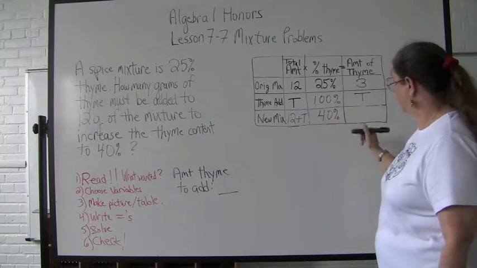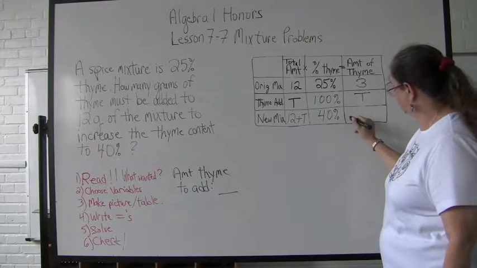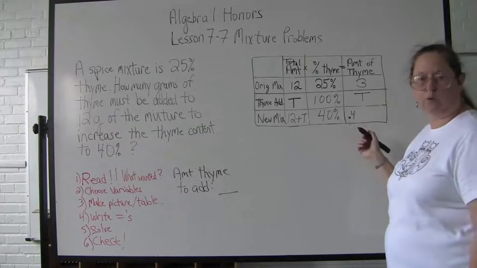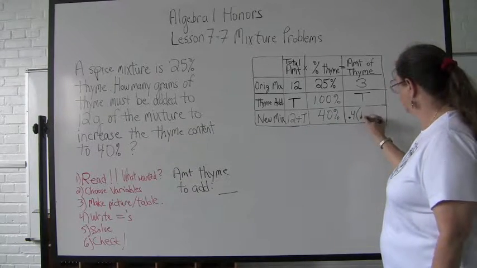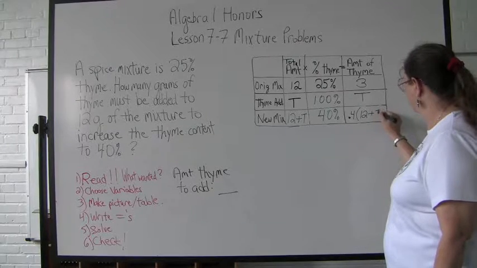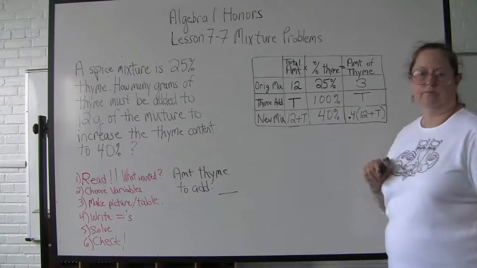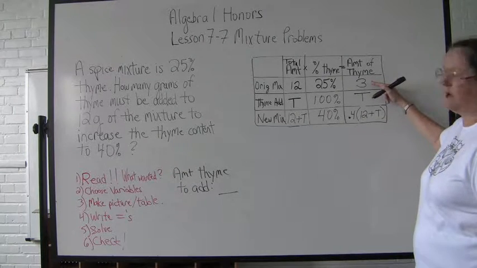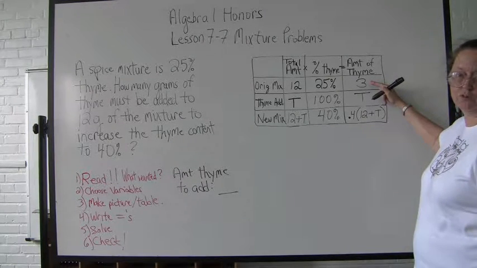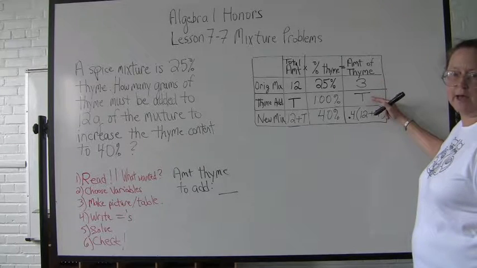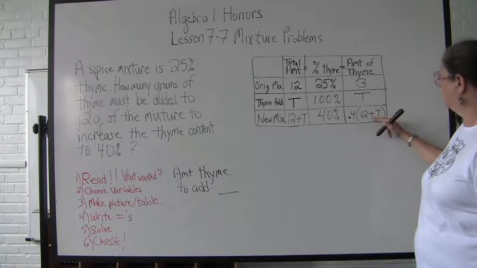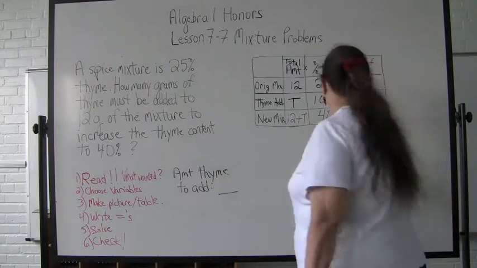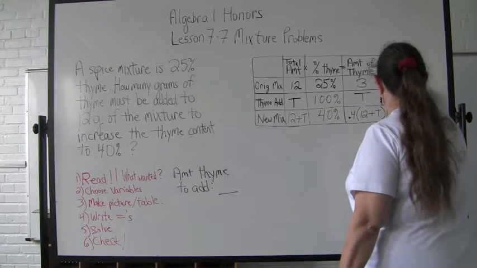Then we multiply across here: 40% is 0.4 times 12 plus T. The amount of thyme in our original mixture, plus the amount we add, has to equal the amount in the new mixture.